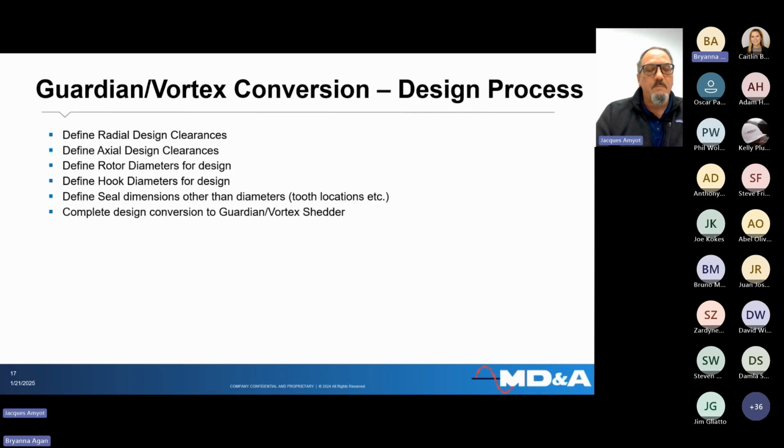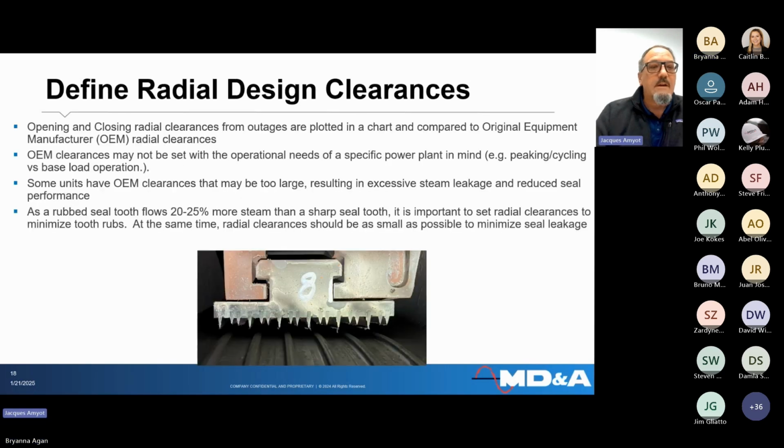And depending on the OEM design, there are other design features of the OEM that we prefer to apply our Guardian vortex design. So basically, we start out with radial clearances.